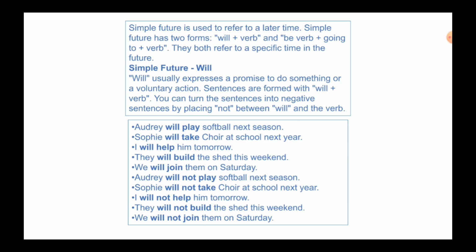Simple future: will. Will usually expresses a promise to do something or a voluntary action. Sentences are formed with will plus verb. You can turn the sentences into negative sentences by placing not between will and the verb.